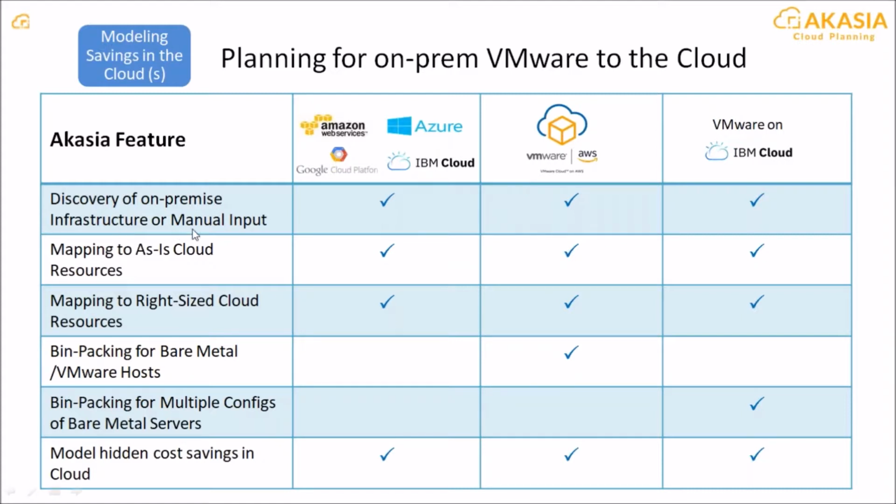So we have to do the discovery for all of these environments. We do the mapping for all of them. We do the right sizing for all of them. But then we have additional features such as bin packing for bare metal for VMware hosts, and this comes into play for VMware and AWS, and bin packing for multiple configurations of bare metal servers, and this comes into play when we're modeling for VMware and IBM Cloud. And we model for hidden costs across all of these.